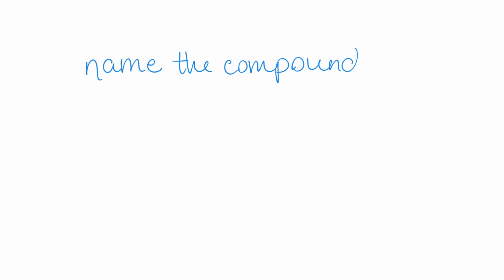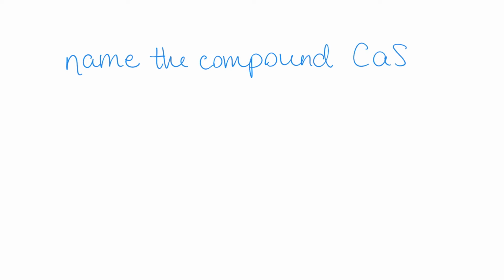You're going to name it, and I'm going to tell you you've got CaS. So the first thing you're going to do is figure out what Ca stands for. And Ca we know stands for calcium. And S, you're going to figure out what that symbol is, and that's sulfur. Okay, so calcium, sulfur.